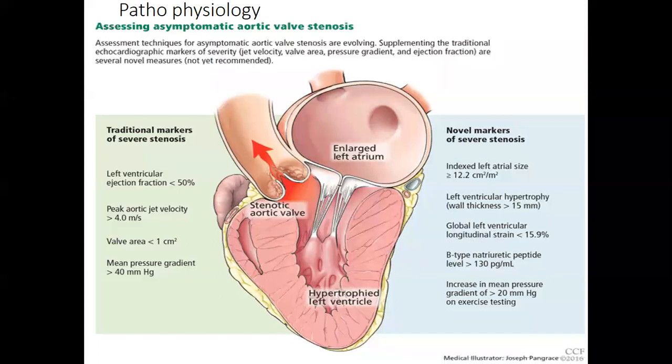So consequently, if it is long-standing stenosis and the stenosis is not relieved, then definitely the left ventricular muscle gets hypertrophied. And whenever there is left ventricular hypertrophy, increasing the left ventricular pressures, this causes secondary changes in the left atrium, and the left atrium gets enlarged.